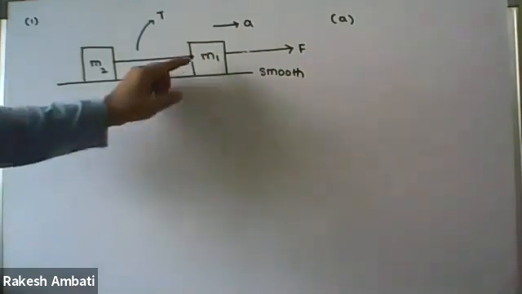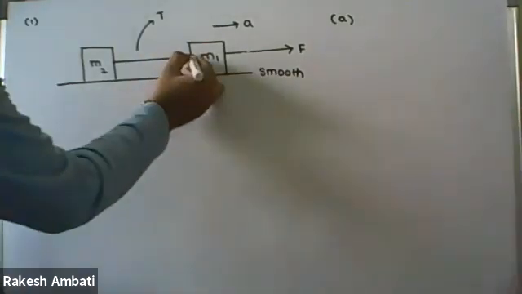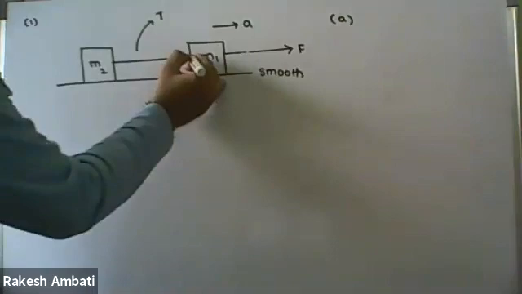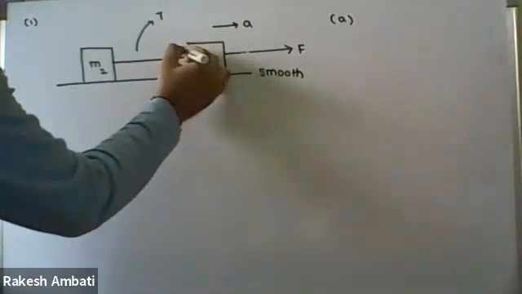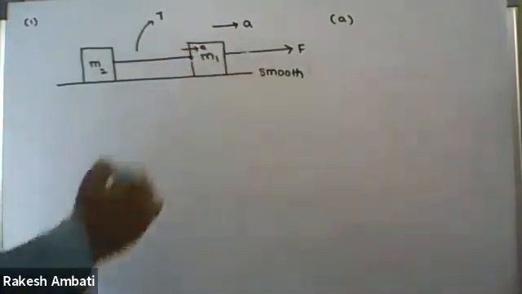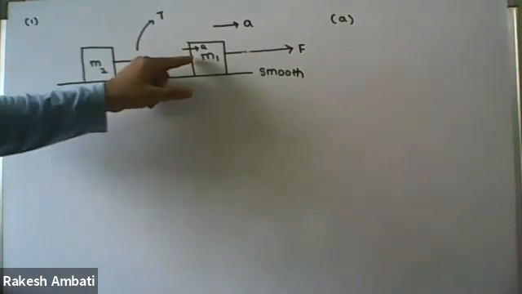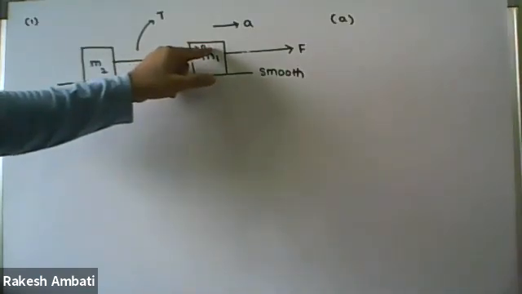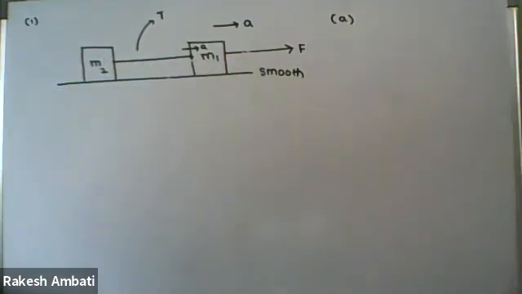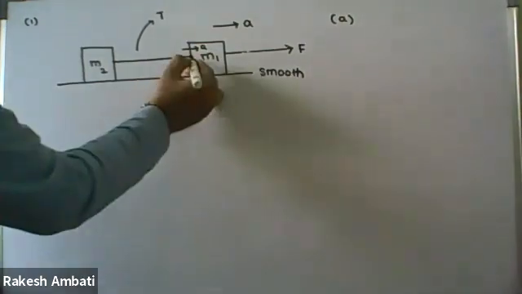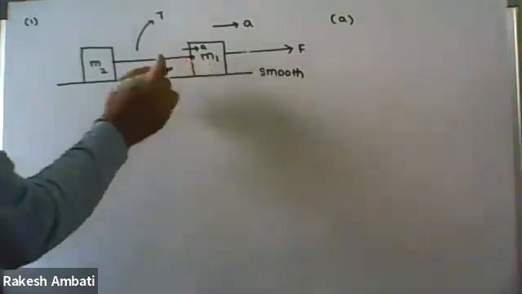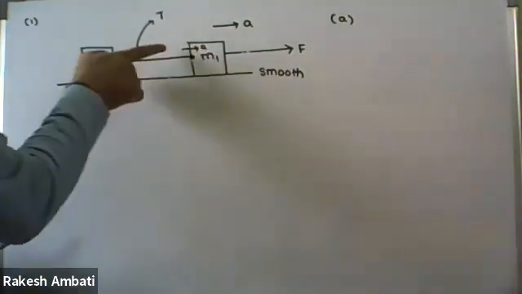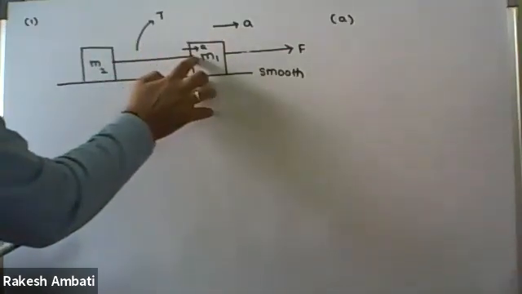Now if this point is moving with the same magnitude of acceleration in the same direction, and this point is connected to the string, then the string also starts moving with the same acceleration in the same direction.